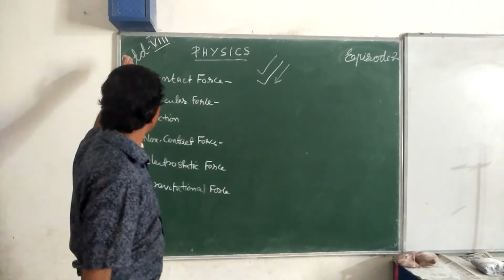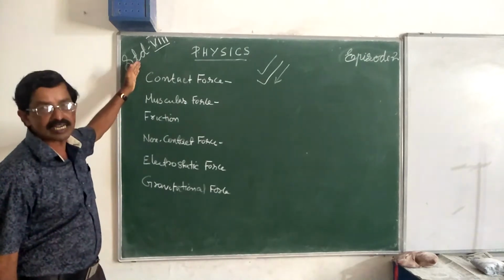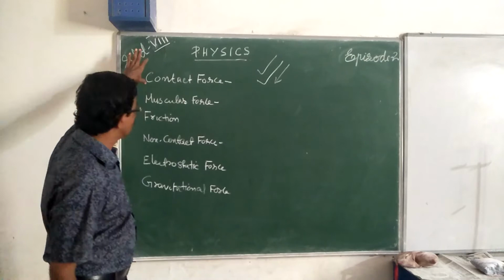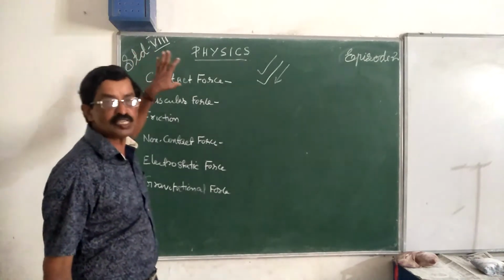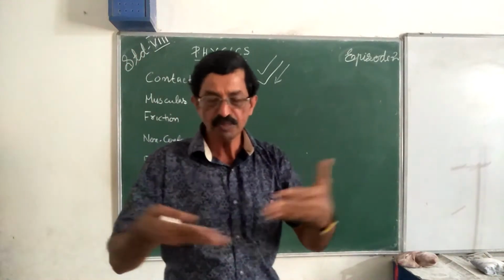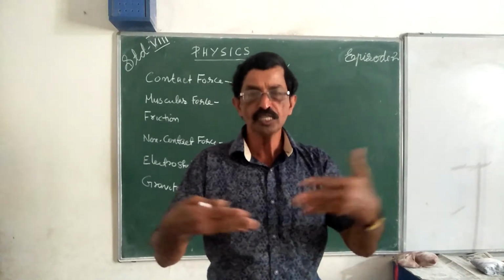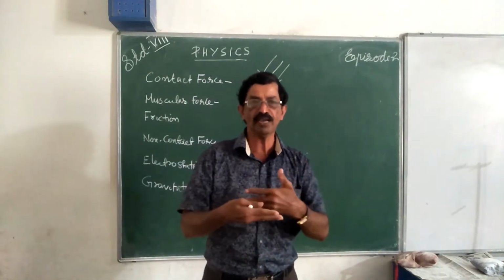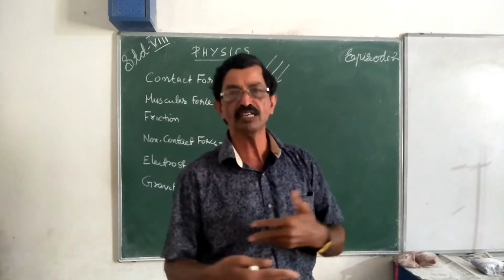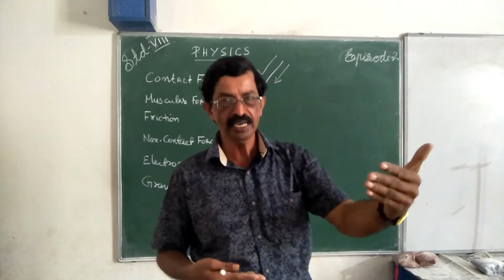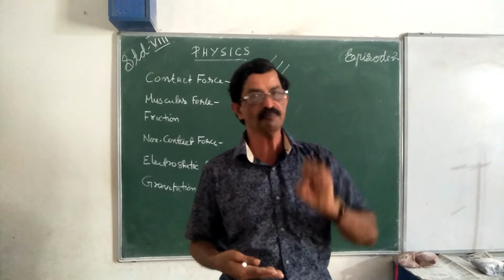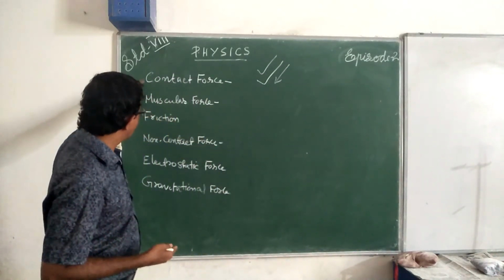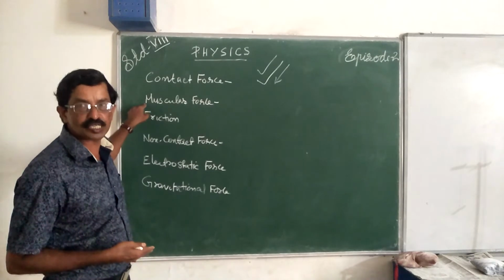Now once again, remember the properties of contact force. It is a force which comes into play when two surfaces are in contact. That means the body which is moving, or suppose we are pulling, that is a contact force. Then another one is muscular force.